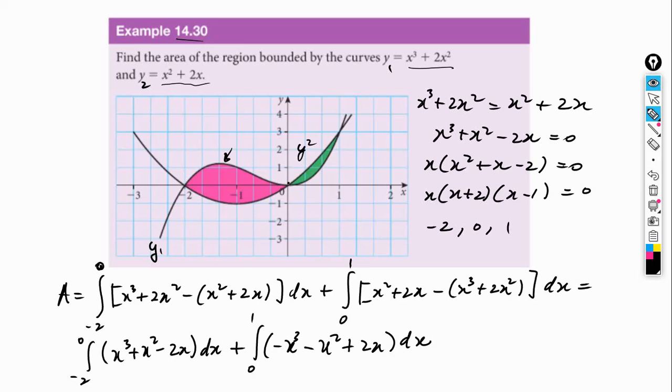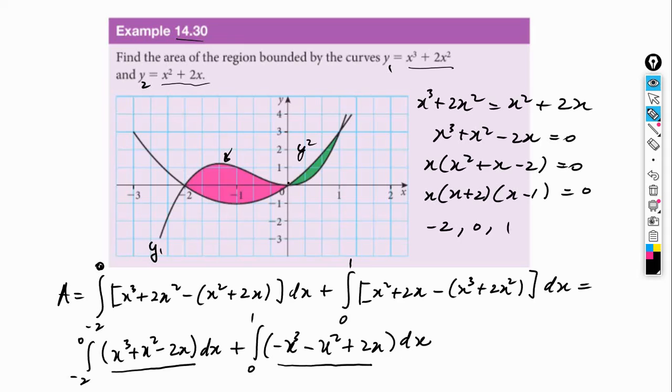So if you look at this, notice that it is exactly the opposite of this one. In sign, notice that the signs are exactly the opposite. So we could actually have that in general.